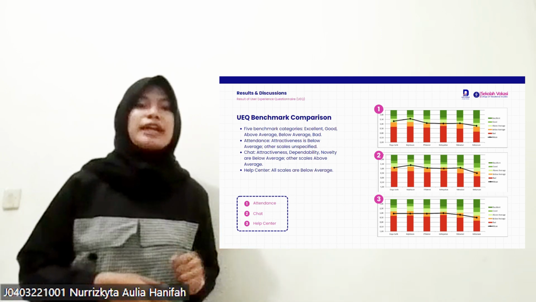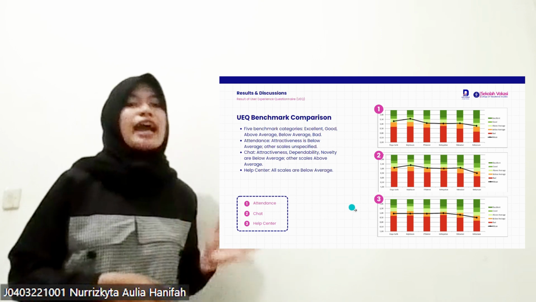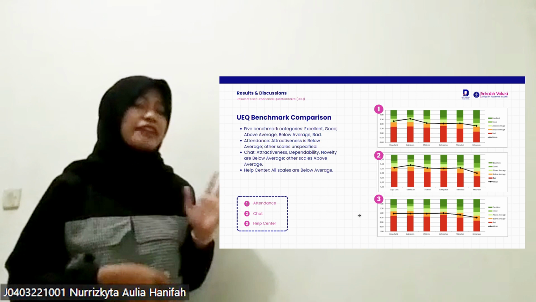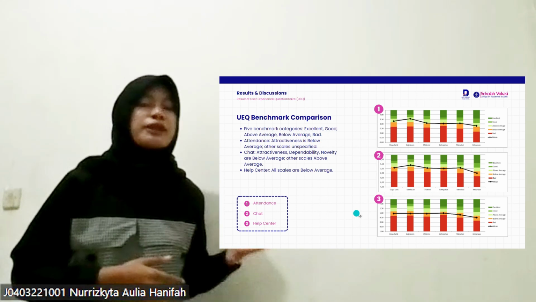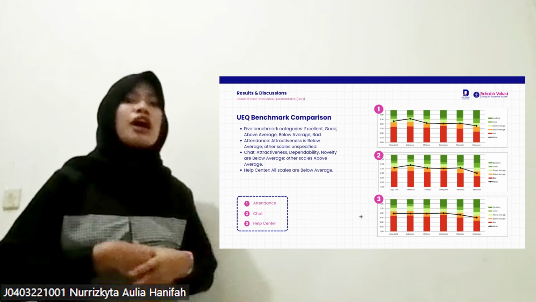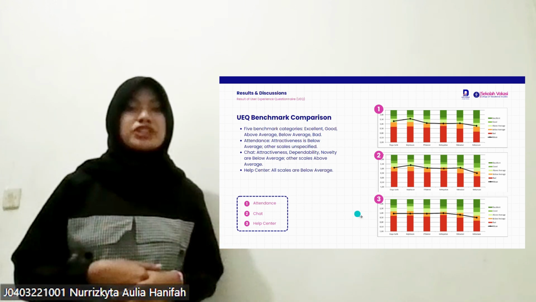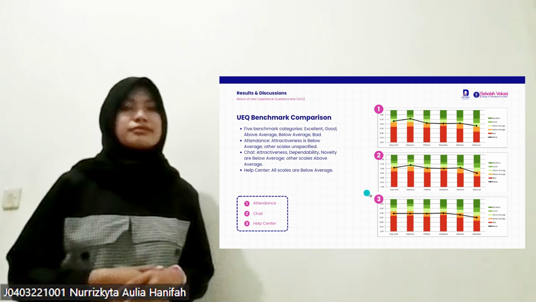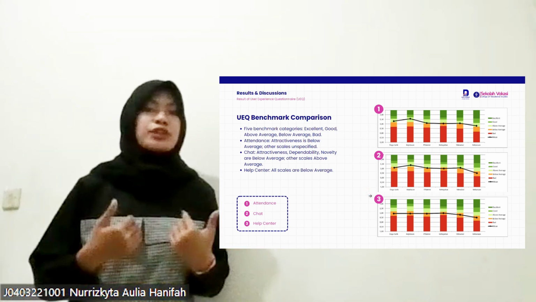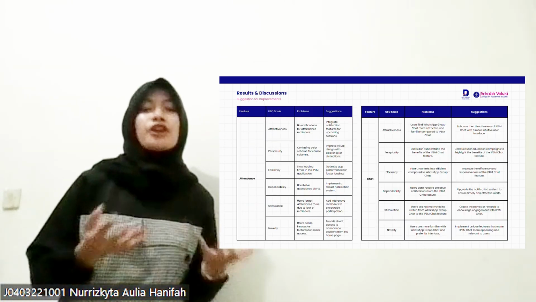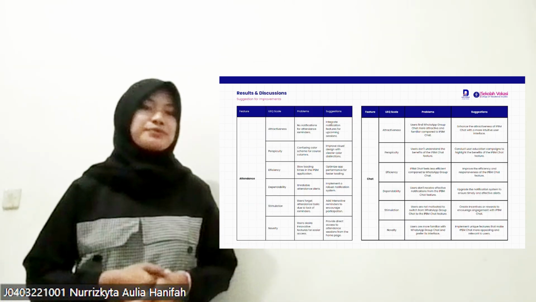Health center scores lower in pragmatic quality with its highest value in dependability at 0.985. According to the UEQ benchmark, most scales in attendance, chat, and health center fall into the below average category, indicating room for improvement.